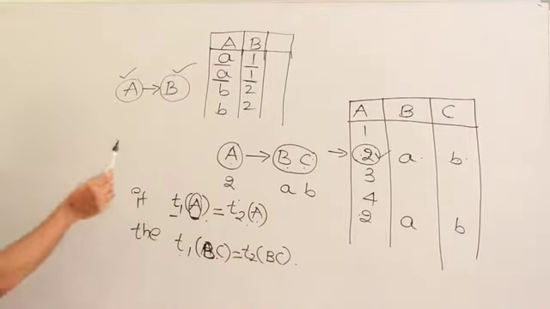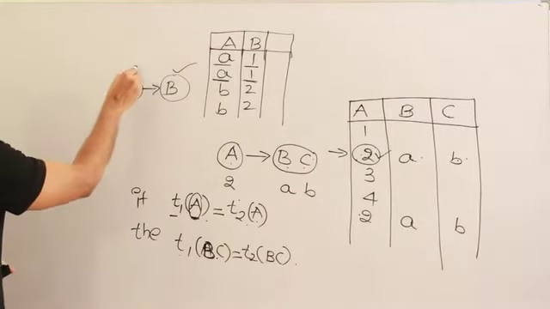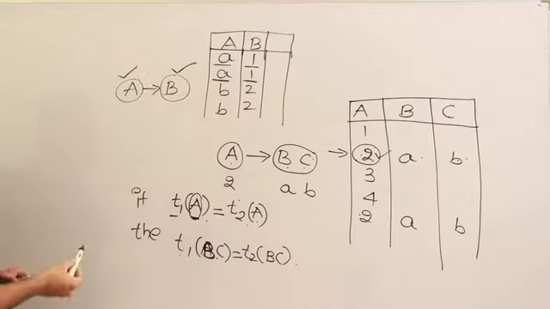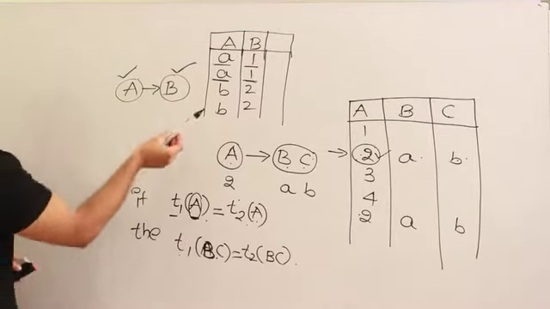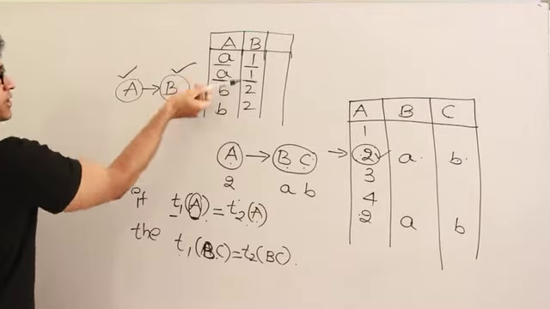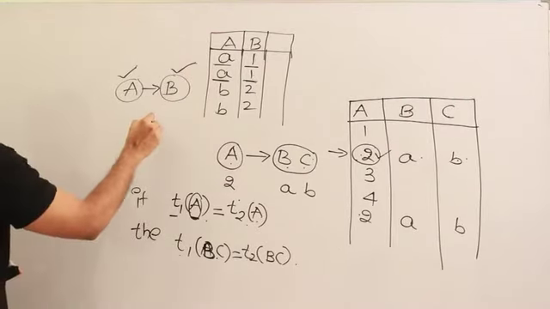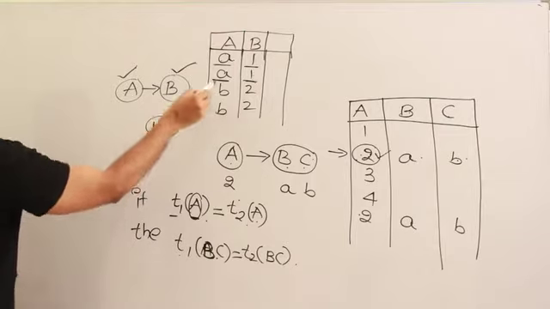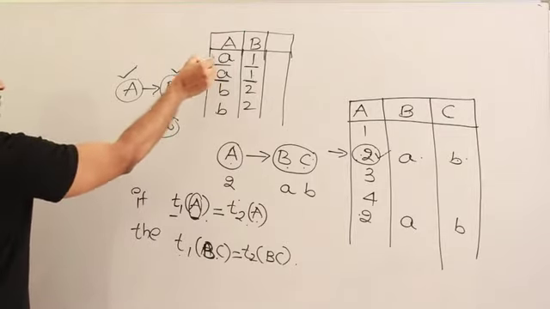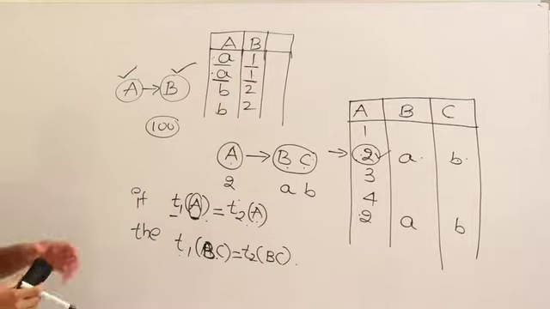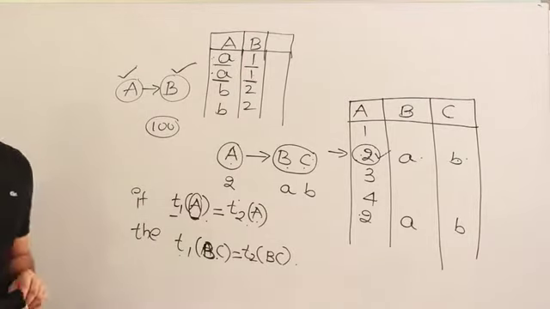Now we know that given the value of A, you will be able to find out the value of B, isn't it? Then whenever A repeats, B is also repeating, right? Let us say A is repeating 100 times. Then what happens to the B value? If A is repeating small a 100 times, B is also going to repeat small b 100 times, which is completely a waste of space.